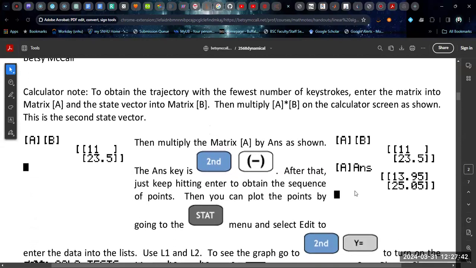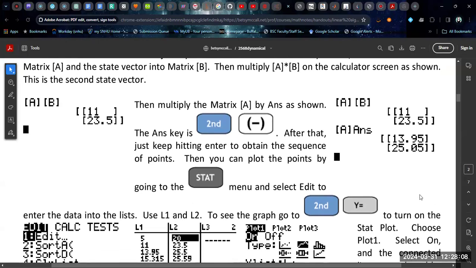Now, to obtain the trajectory with the fewest number of keystrokes on your calculator, you want to enter the matrix into matrix A and the state vector into matrix B. Then multiply A times B on the calculator screen as shown. That produces your second state vector. And then multiply matrix A by the answer, like so. And then that will produce the next state vector.